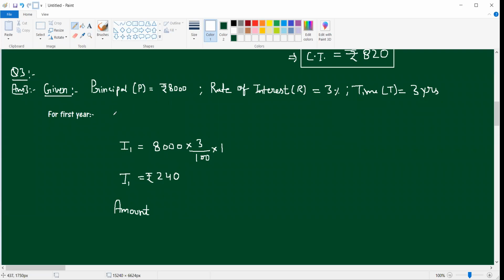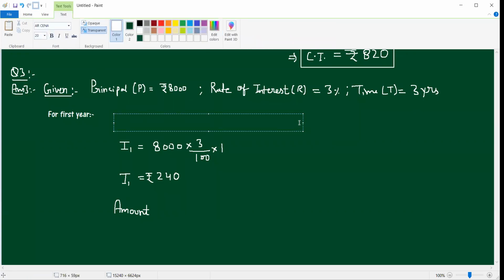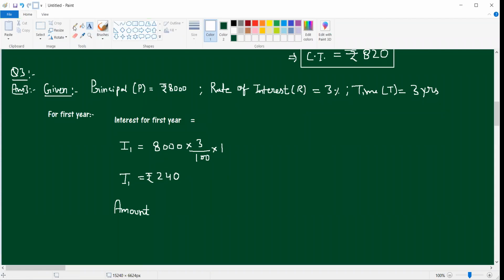Now you can use the symbol. First you have to mention the meaning of the symbol that you have used. So here I will write interest for first year equals. Yes, Ashit, do you have any problem?